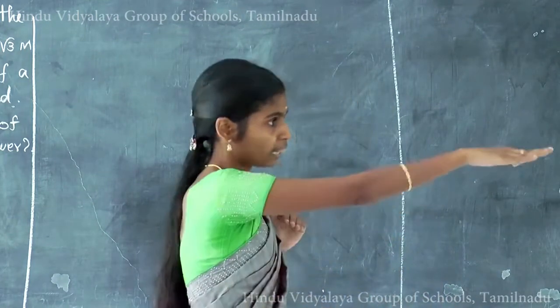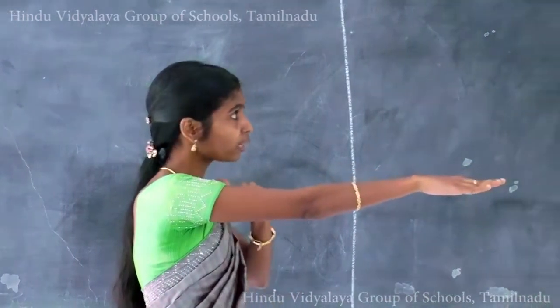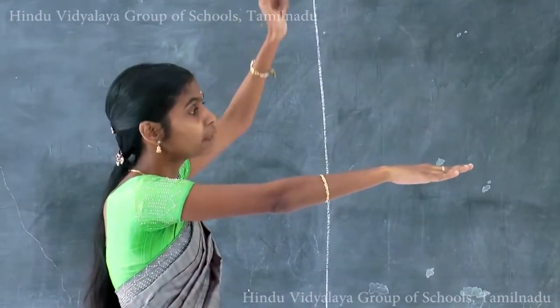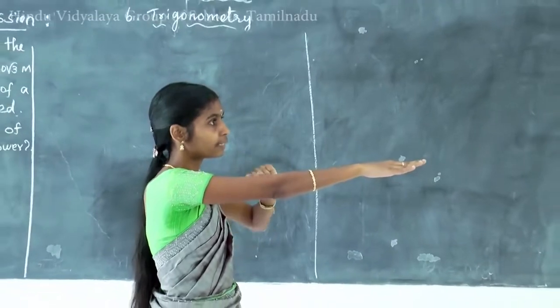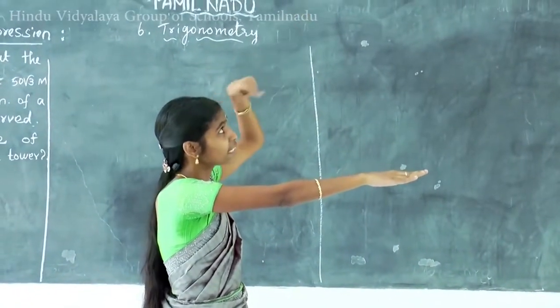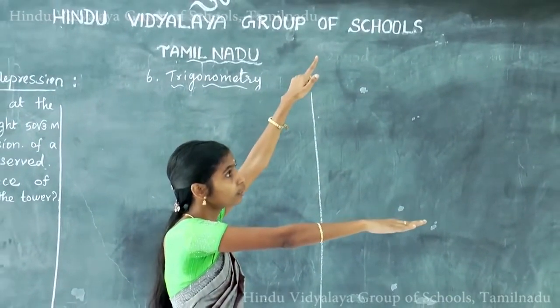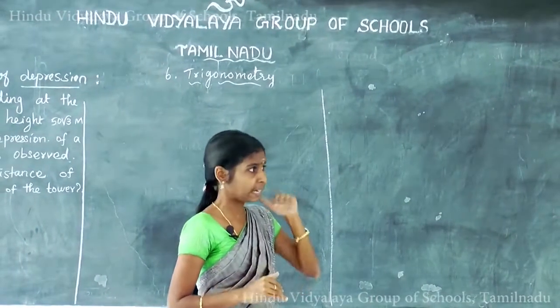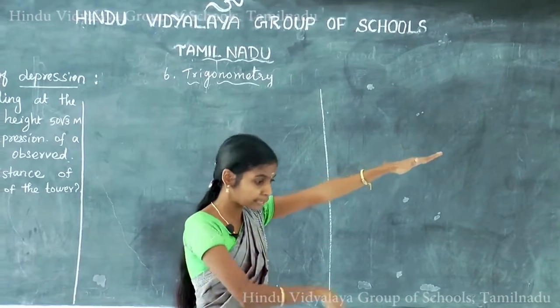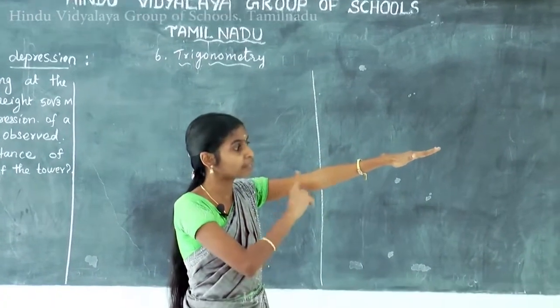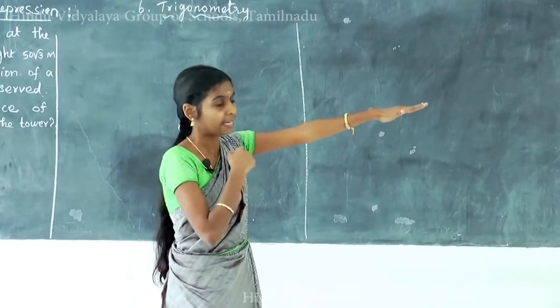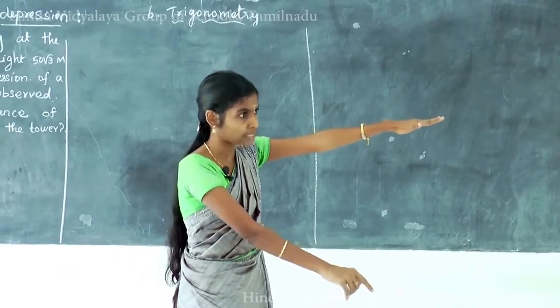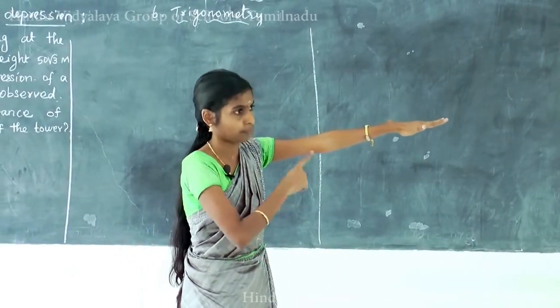From the horizontal level, suppose I am looking up, then the angle between the horizontal line and the line of sight, that is the direction in which I am looking, is called angle of elevation. Suppose from the horizontal level, if I am looking down, then the angle between the horizontal line and the line of sight which is going down is called angle of depression.